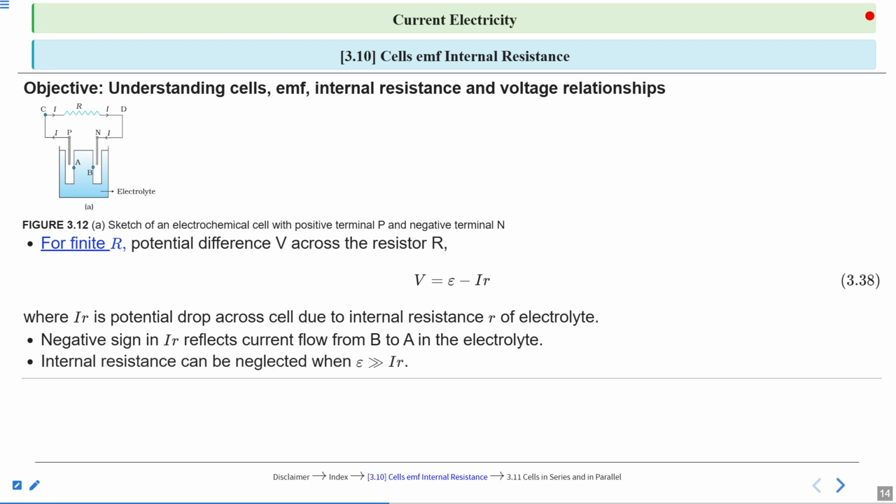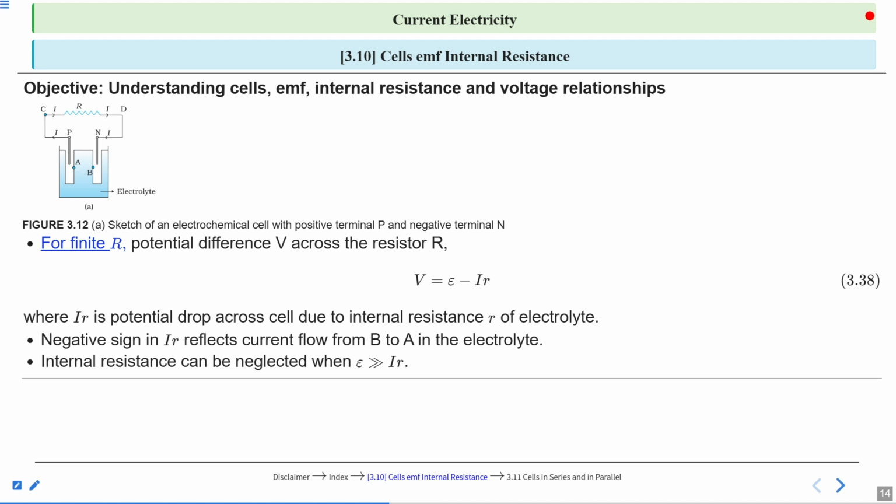Internal resistance can be neglected when the EMF is much greater than Ir. If the internal resistance of the electrolyte is very small... I am repeating the definitions so that you get a clear idea of what potential difference is and what EMF is. EMF is the potential difference when there is no current in the circuit, while potential difference is when there is a current in the circuit.